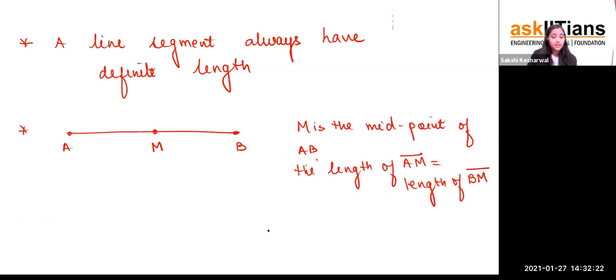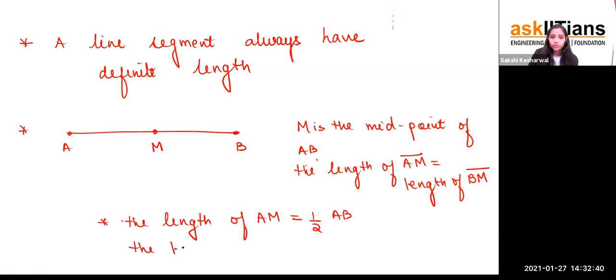So can I say this also, that the length of AM is equal to what, beta? Half of, like 1 by 2 of AB, or not? Similarly, the length of BM is equal to 1 by 2 of AB, just half of AB.